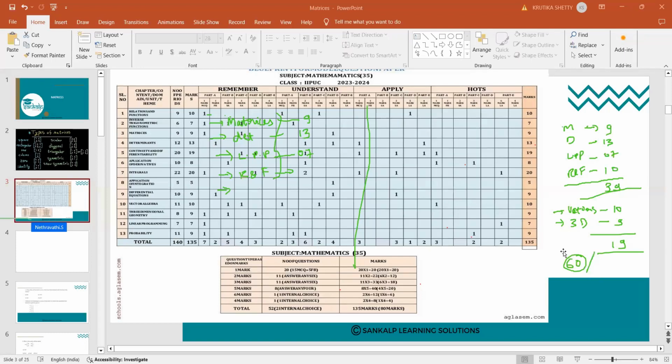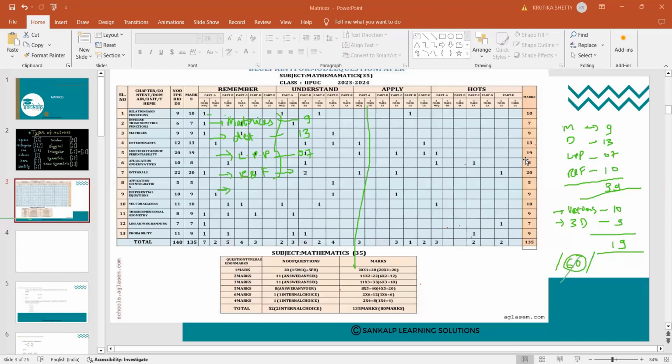And then later, whatever topics are there over here: continuity and differentiability, and application of derivatives. You can see 19 marks in continuity and differentiability, and application of derivatives is fetching you 8 marks.